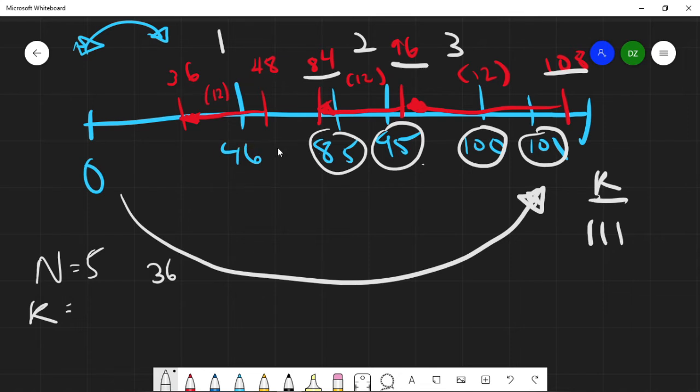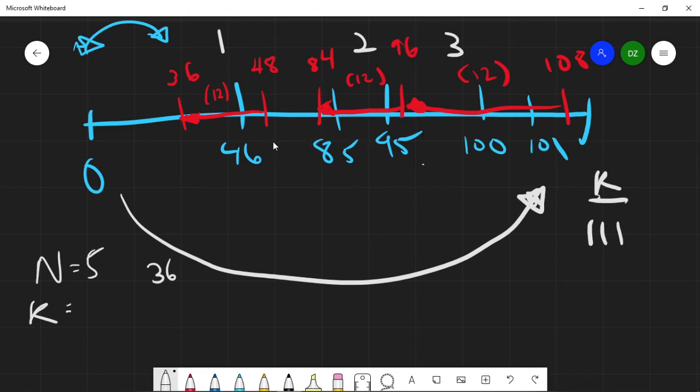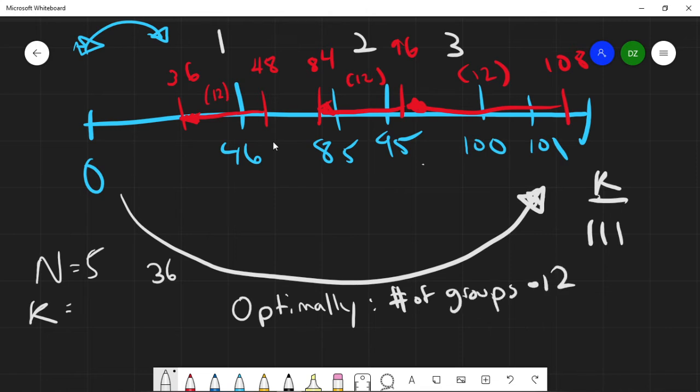So 85 and 95 are in the same group, 101 and 100 are in the same group, and 46 is in its own group. So optimally, it's the number of groups times 12.